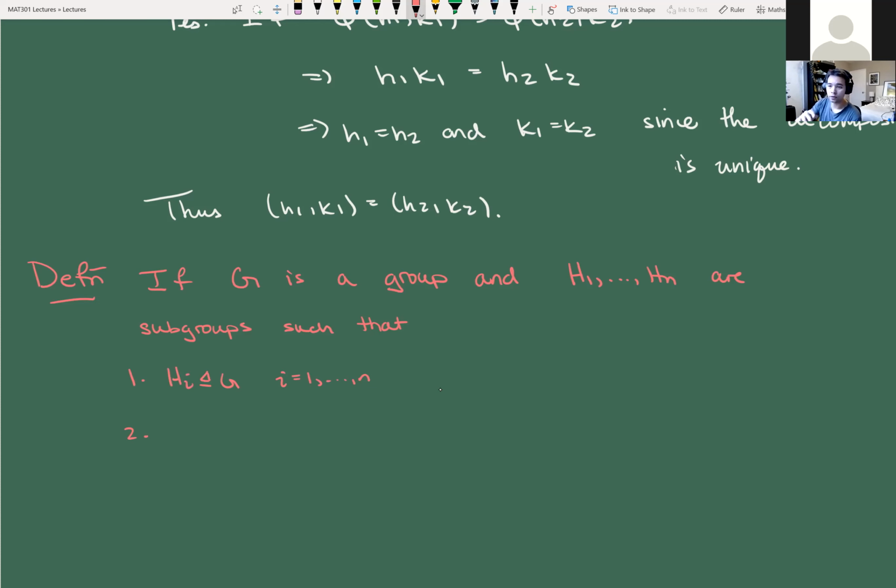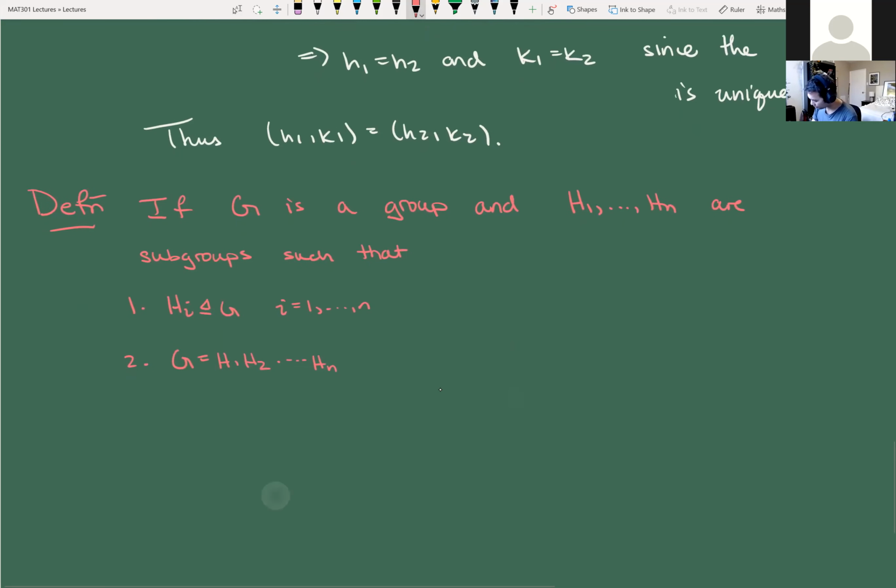Two, G is equal to the product of all of them, right? So again, this says every element can be written as a product of H1, H2, all the way through Hn. And then three, H1, H2, ... Hi intersect Hi plus 1 is empty for i equals 1 to n minus 1.